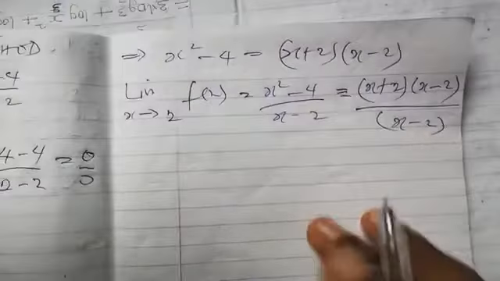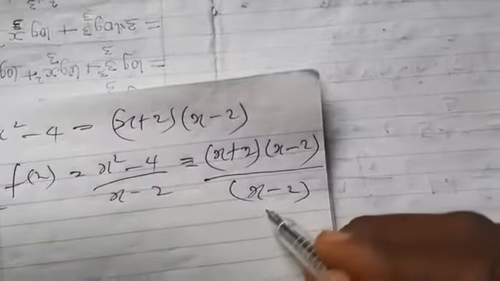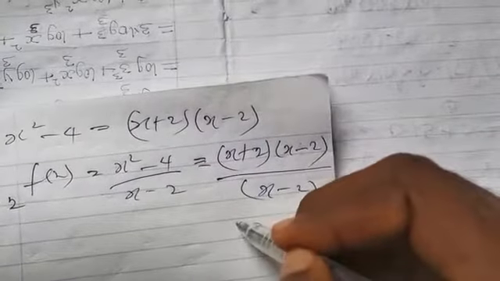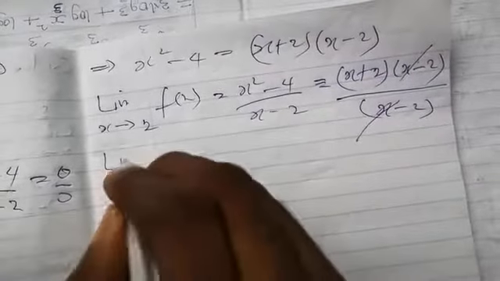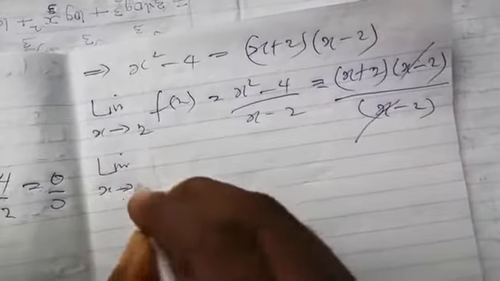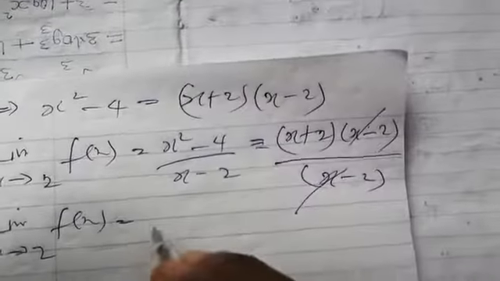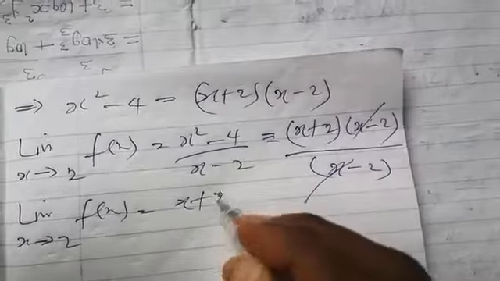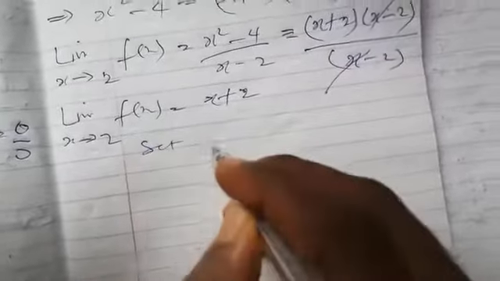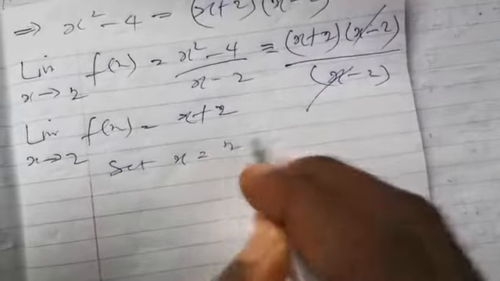Now you notice that you have x minus 2 and x minus 2, so x minus 2 can cancel x minus 2, meaning that we are now left with the limit as x tends to 2 of the function x plus 2. So we can now set x to be equal to 2.